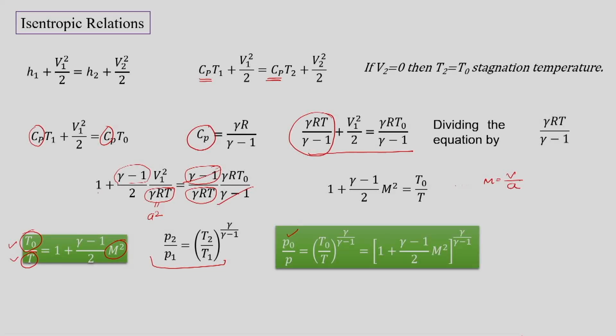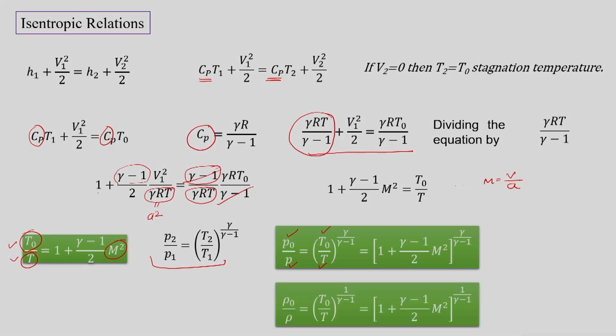So this is stagnation pressure, stagnation temperature, static temperature, and these can be correlated using this expression. Again, we can correlate the density at the stagnation point divided by static density using its relation with the total temperature divided by static temperature.